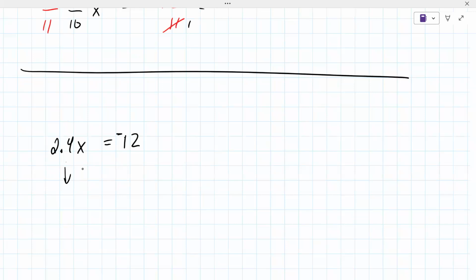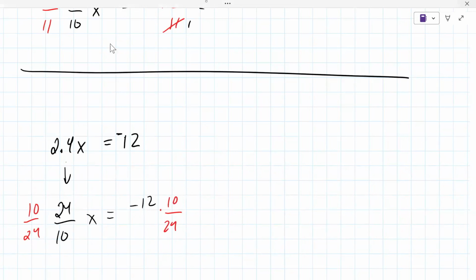I did 24 over 10. Okay. And you have to decide whether you want to reduce that or not. Did you reduce? No. Okay, so we're gonna multiply both sides by 10 over 24. Is that right? Okay.